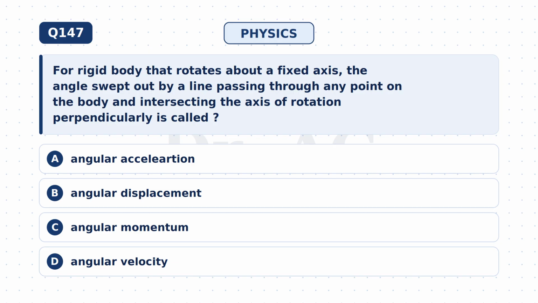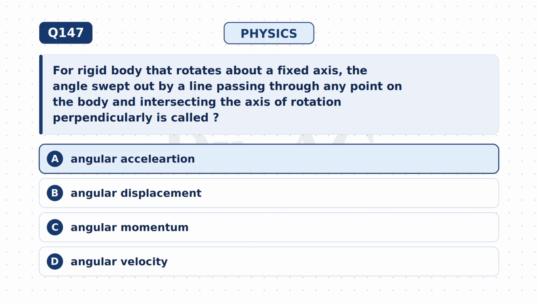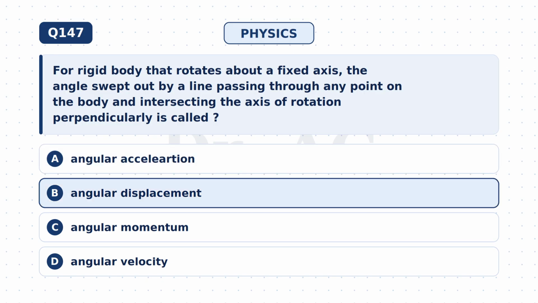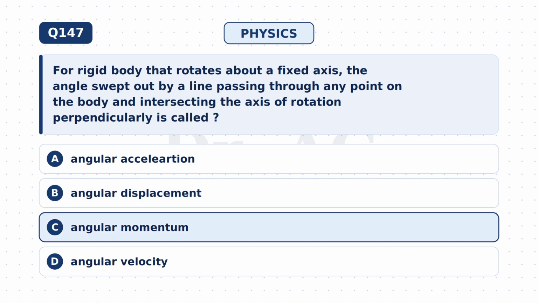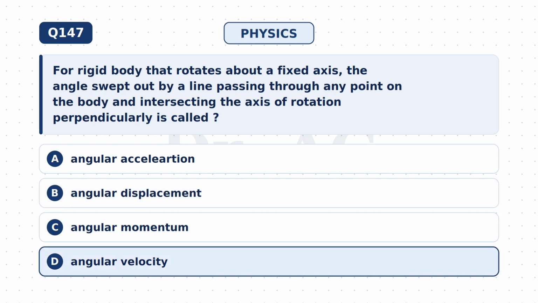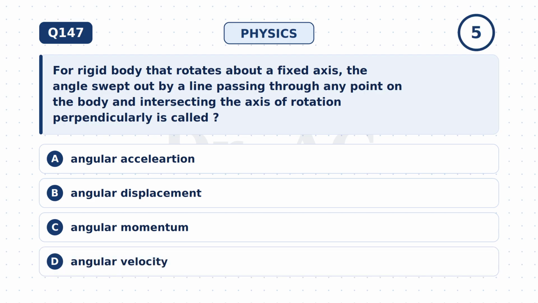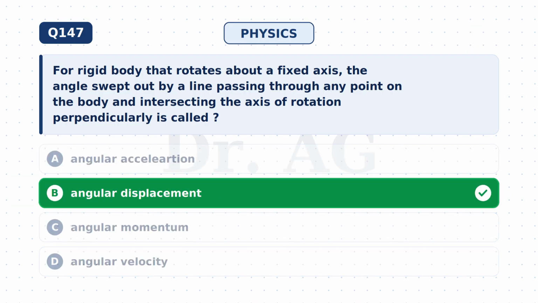For a rigid body that rotates about a fixed axis, the angle swept out by a line passing through any point on the body and intersecting the axis of rotation perpendicularly is called? Option A, angular acceleration. Option B, angular displacement. Option C, angular momentum. Option D, angular velocity. The correct answer is B, angular displacement.